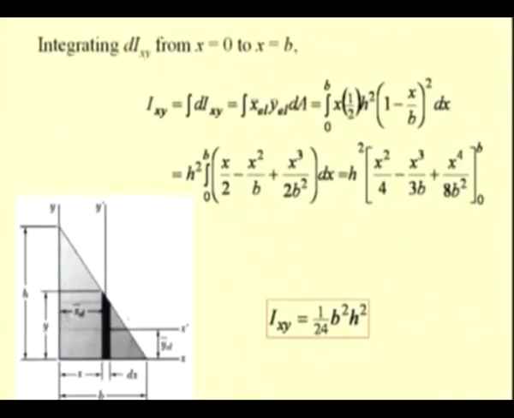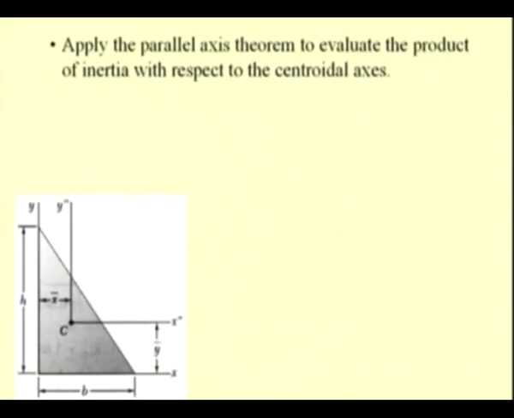Now, we can move to determine the product of inertia with respect to the centroidal axis. We know the location of the centroid of this triangle, and now we want to determine the product of inertia with respect to an axis x double prime y double prime passing through the centroid C. We know these values, that is the distance x double prime is 1/3 of the base and y double prime is again 1/3 of h.